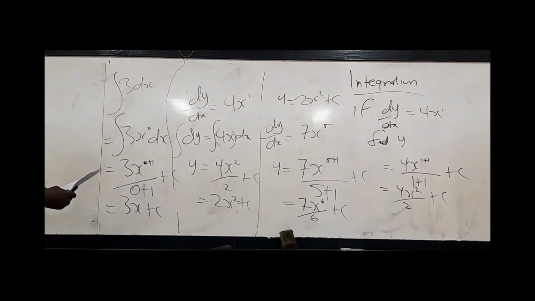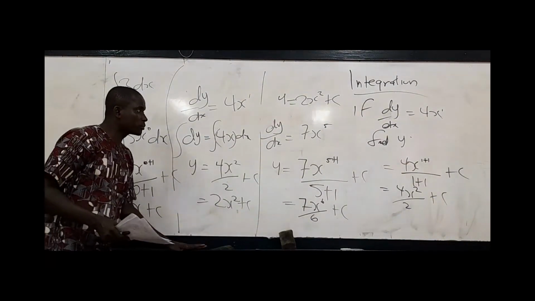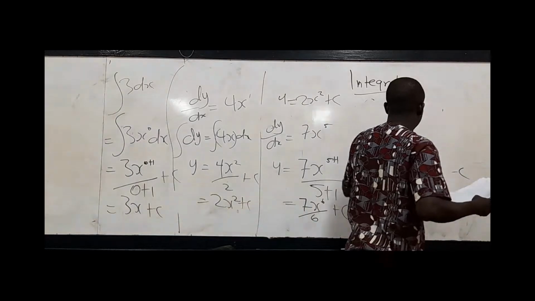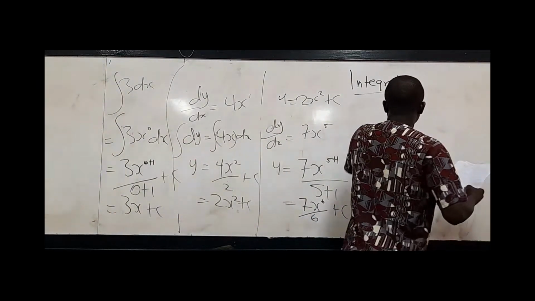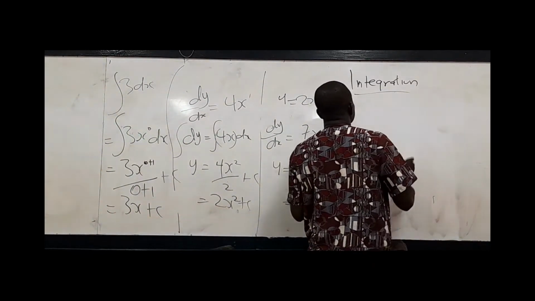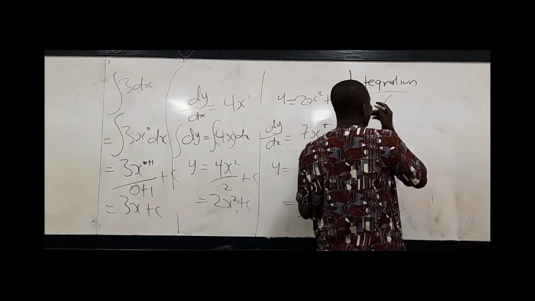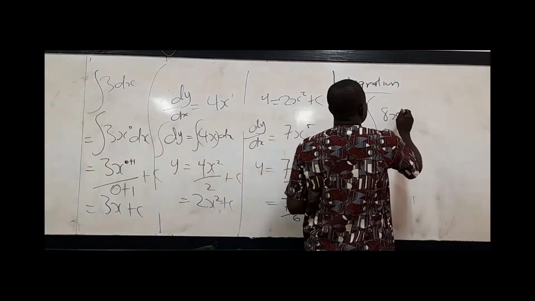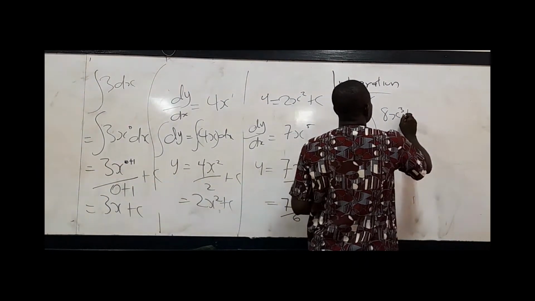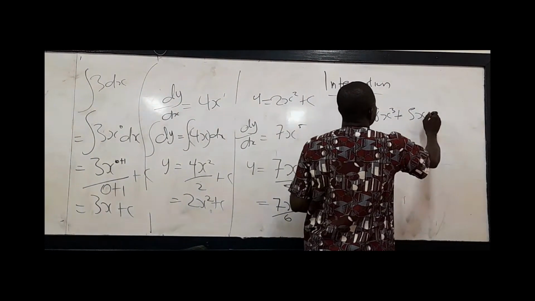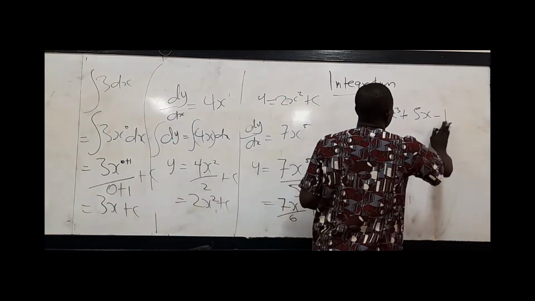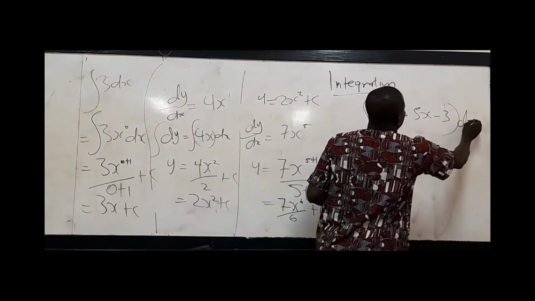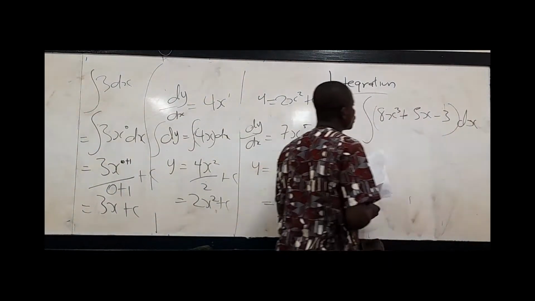Now, we are moving on. Okay, let's come to this side. If I ask you to evaluate the integral of 8x^3 plus 5x minus, let's say, 3, this is how it goes.